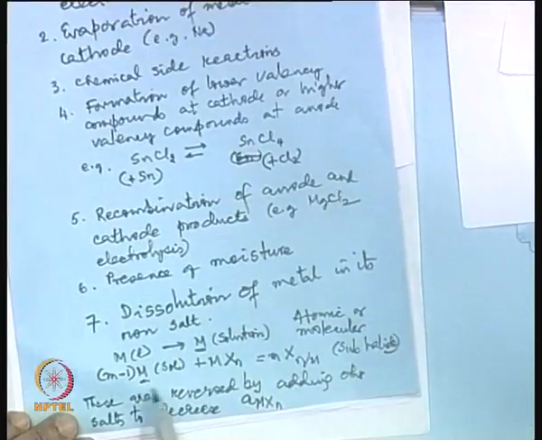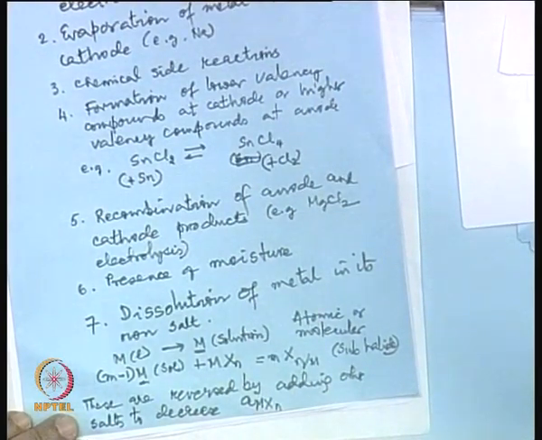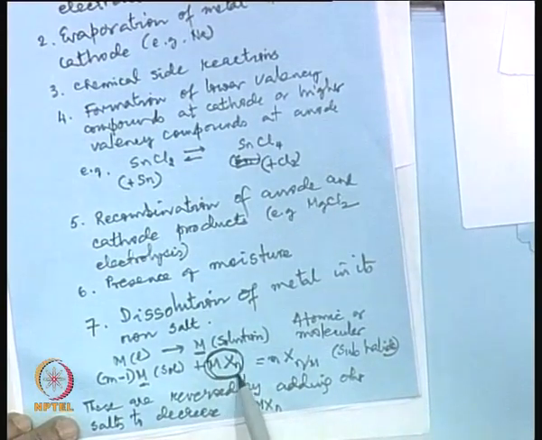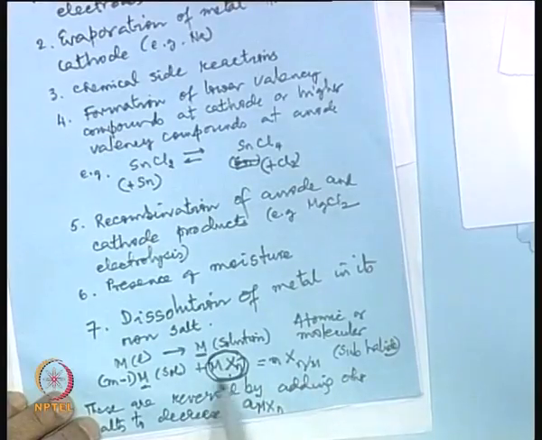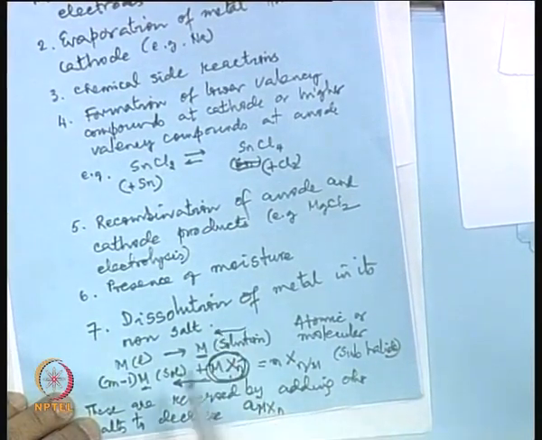This will be eliminated or at least reduced very much if we have other salts in the fused salt bath. For example, if this is happening, if you add another salt or a third salt, then you will reduce the activity of the main salt you are trying to dissociate, because its activity must go down, there are other salts, and if that happens, this reaction will go to the left and then this reaction will also go to the left.